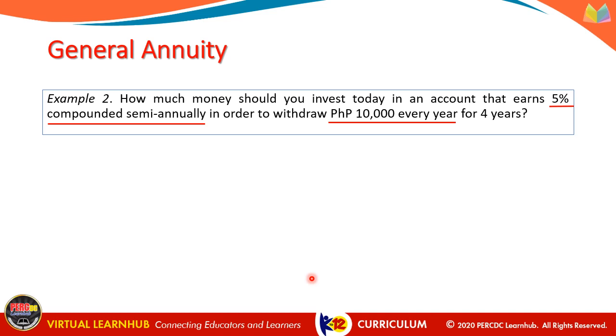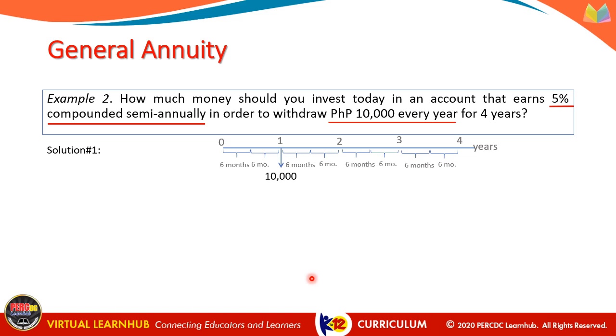For this example number 2, we are going to show two solutions. For solution number 1, we are going to draw a cash flow diagram. At the end of first year, a 10,000 pesos withdrawal is made. That is also at the end of second semi-annual.